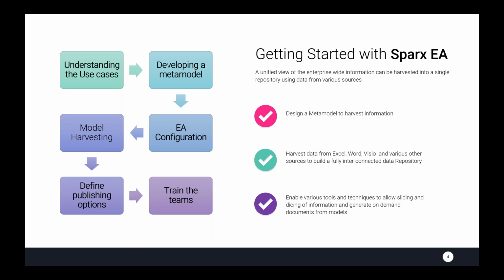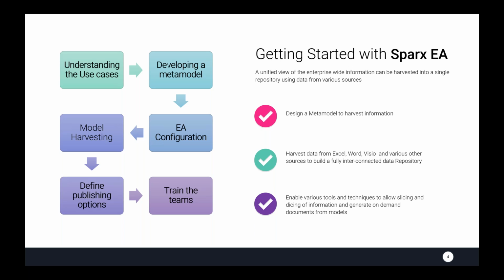This EA configuration, we've been doing for many years, but that's always been a bit of a challenge. I could see a lot of expert EA users in this forum; you would have done MDG technology starting from defining Excel CSVs for quick linkers. So there's been a long transformation in the way things have been done in EA.